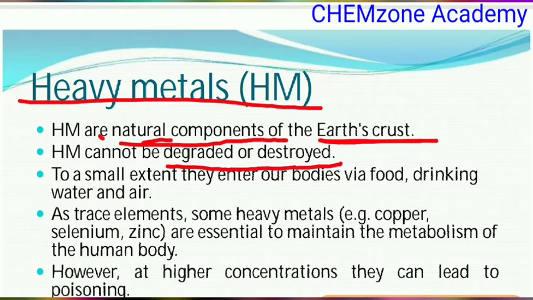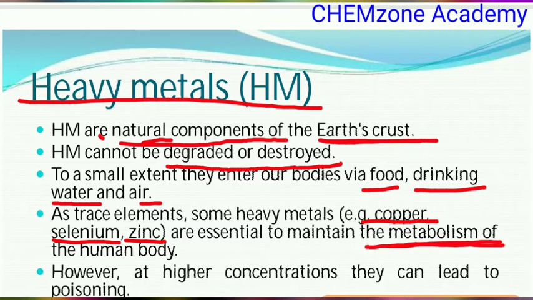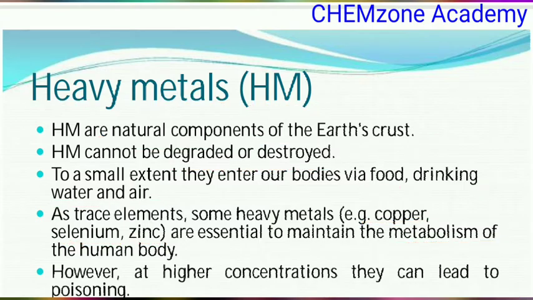To a small extent they enter our bodies by food, drinking water, or air. As trace elements, some heavy metals, for example copper, selenium, and zinc, are essential to maintain the metabolism of the human body.